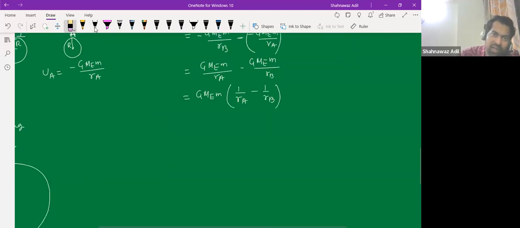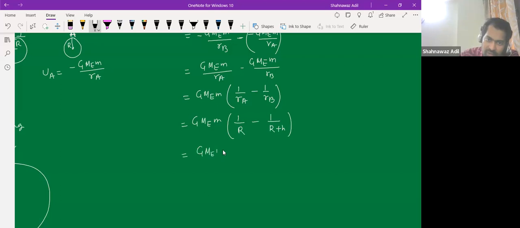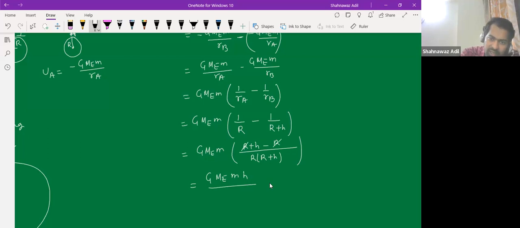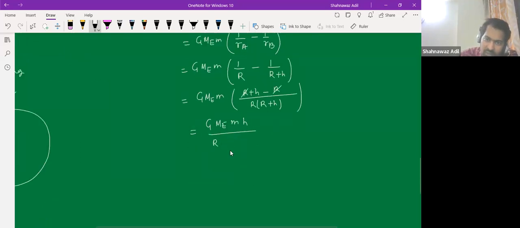If we put the values in here, RA is R and RB is R plus H. We can take the LCM, that is R plus H minus R. This R cancels, and we have GME M H divided by R times R plus H. R we can take common, so this is R square times 1 plus H by R. If H is very small compared to R, then we can write 1 plus H by R as 1.